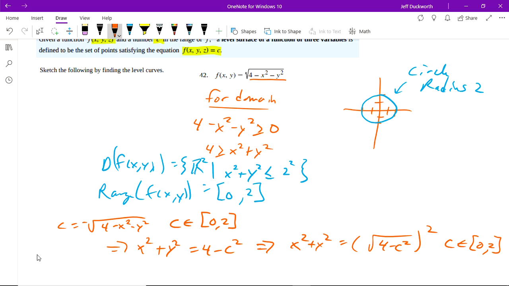Essentially, we have, looks like part of a sphere, half of a sphere.